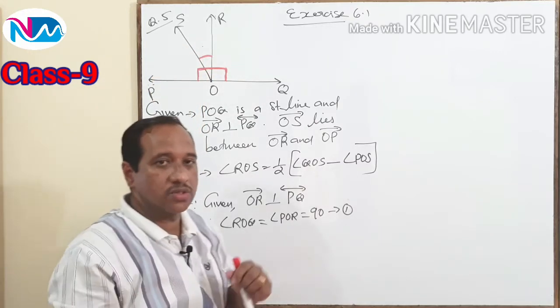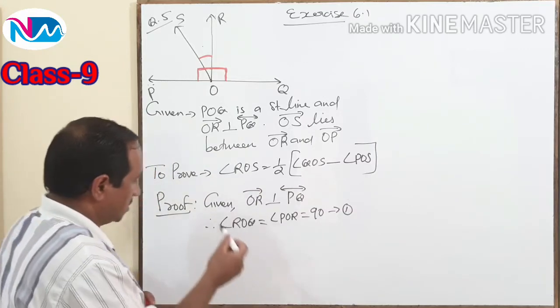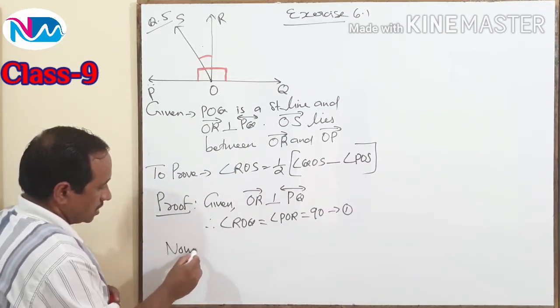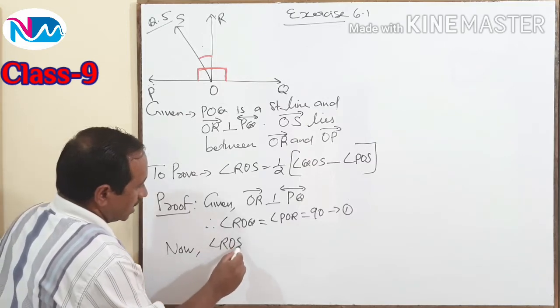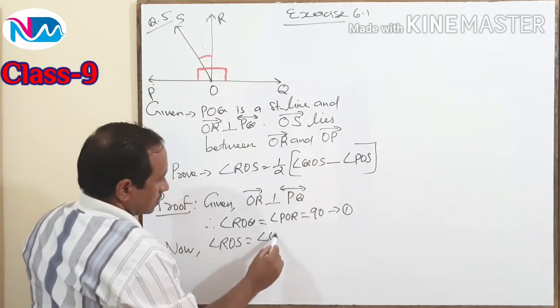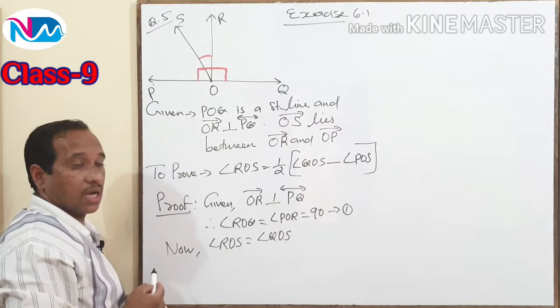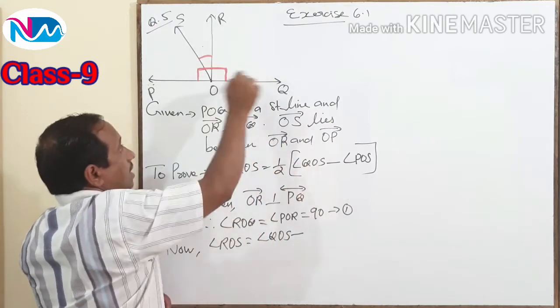So we are going to express angle ROS in two different ways. Now, angle ROS is equal to angle QOS, because angle QOS contains angle ROS, minus angle ROQ.